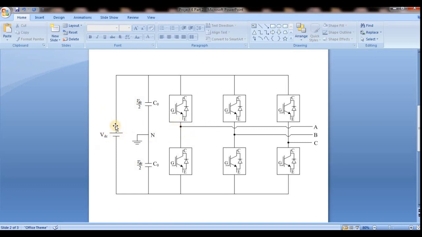In the conduction mode, the current will flow through one switch and come back through another switch. So at the same time, either these two switches have to be switched on, or these two switches have to be switched on. Otherwise it cannot be a closed loop. If neutral is there, then the current can flow through only one switch and come to ground from this midpoint.